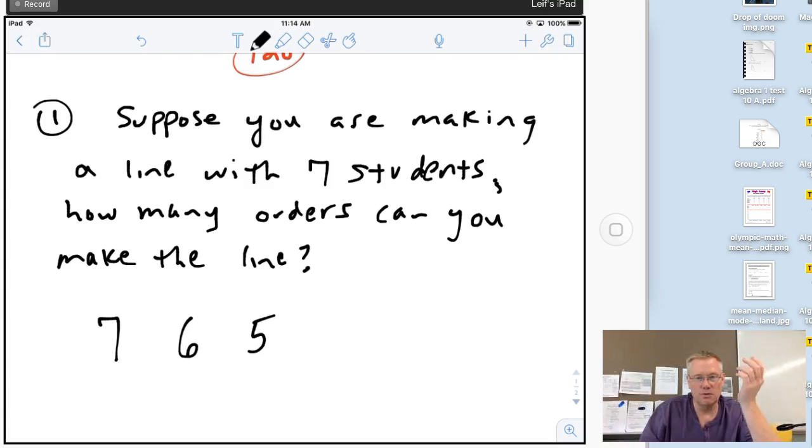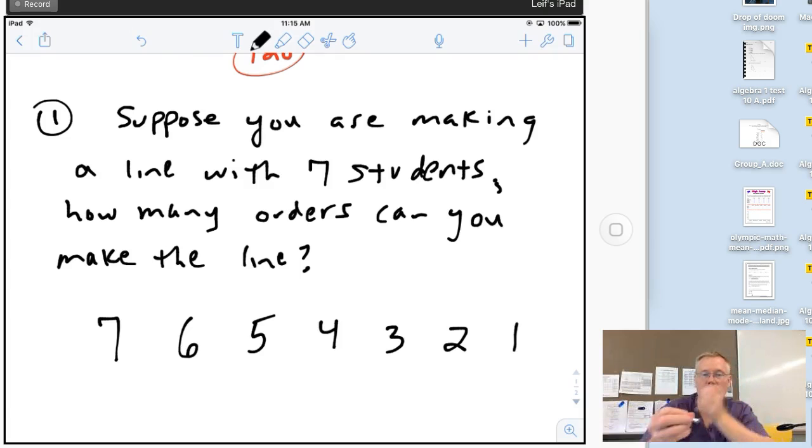Next, there are 4 possibilities left for who's going to be fourth. Then there are 3 possibilities for who's going to be fifth. And once I figure out who's first through fifth, there are only 2 possibilities left. And of course, there's 1 poor kid who's going to be last. He doesn't have a choice about it.